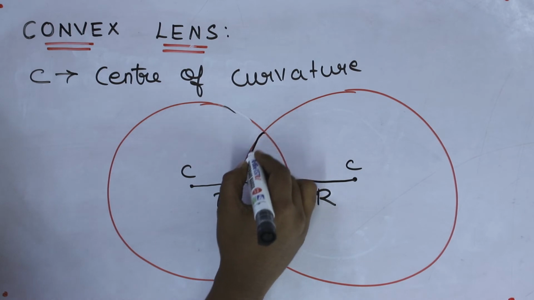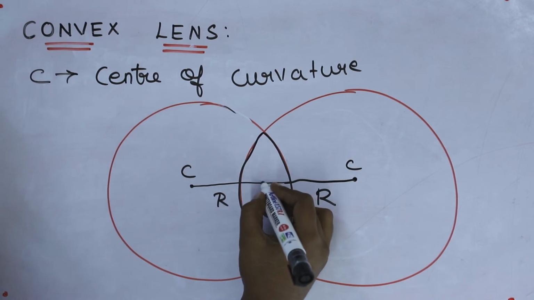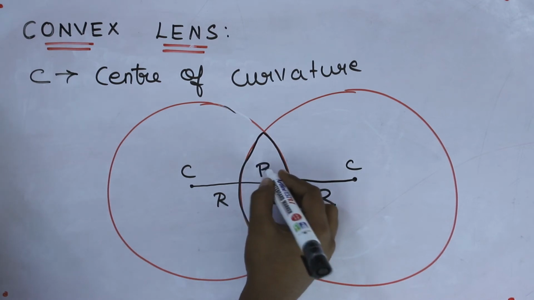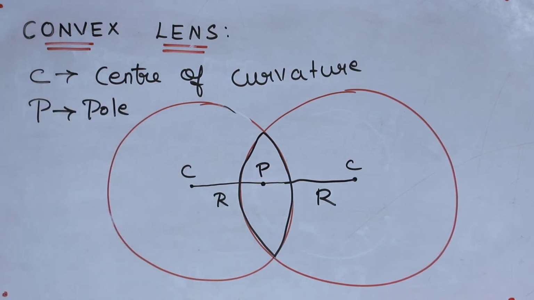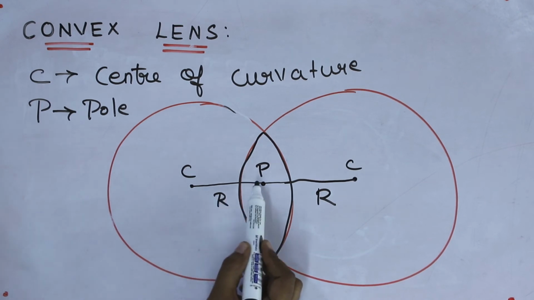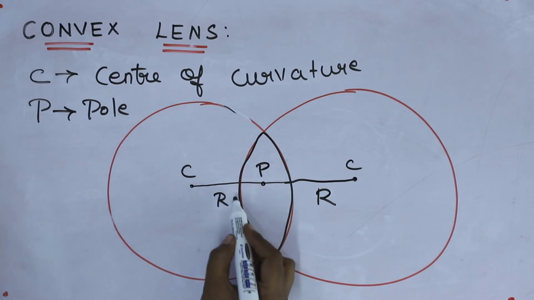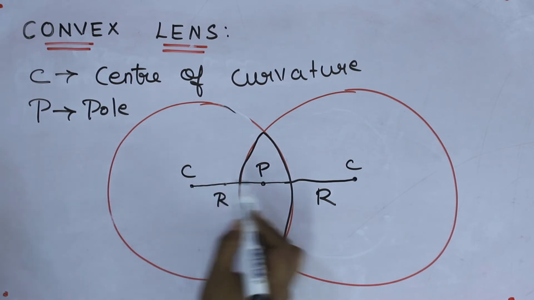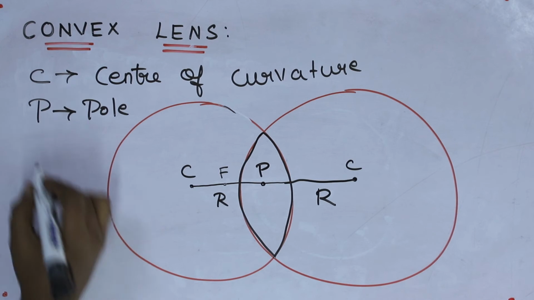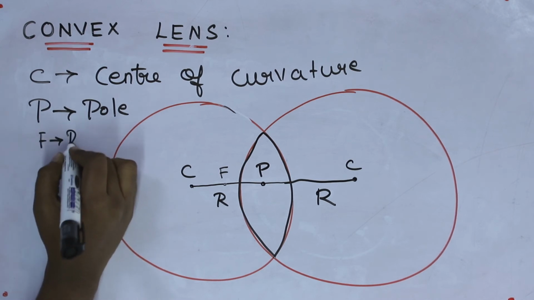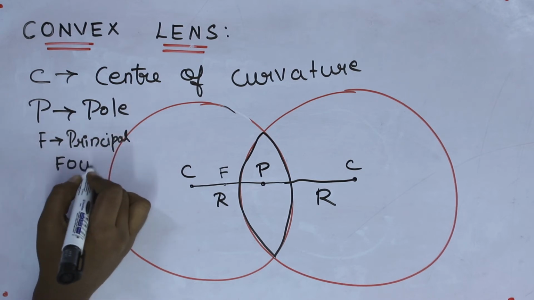Now, this is the convex lens. The lens will have a center point. That point I am naming as capital P. P is nothing but the pole. From the center of curvature to the pole point, I am placing one midpoint between C and P. That midpoint I am naming as capital F. So F is nothing but the principal focus.